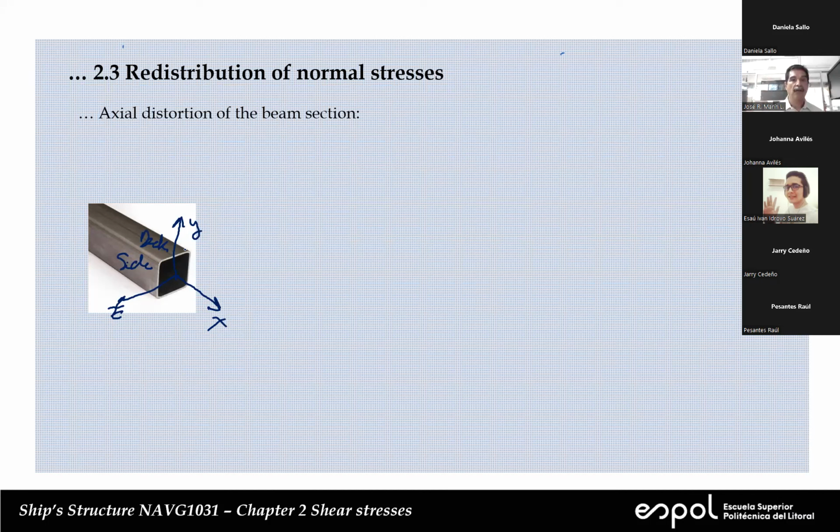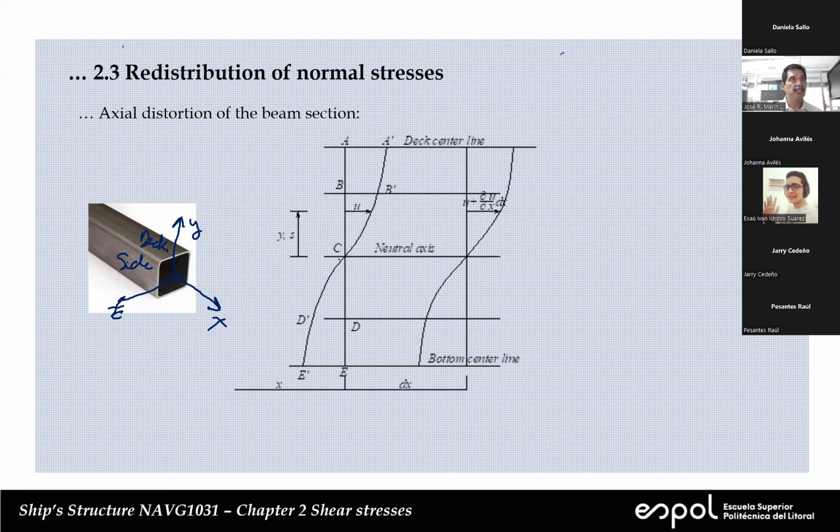Now, if we start here at the neutral axis, we go up by the side, we reach the top of the side, and then we go to the left on the deck. That's the situation when you see this figure. In this direction we have the x-axis.